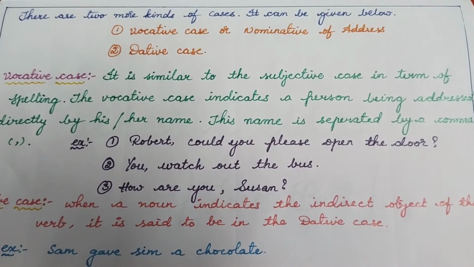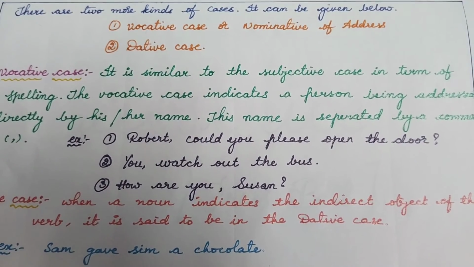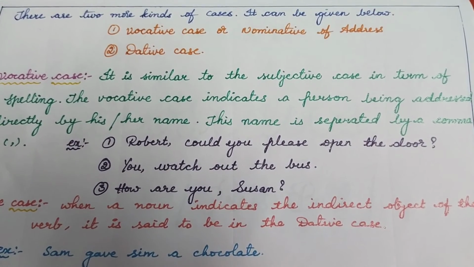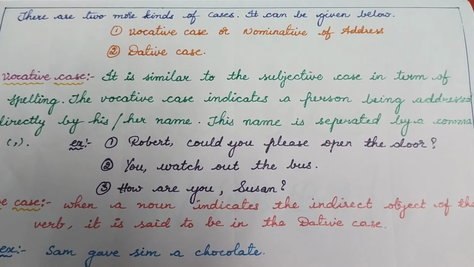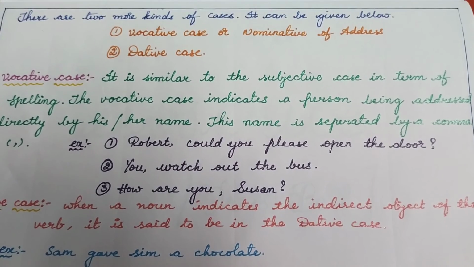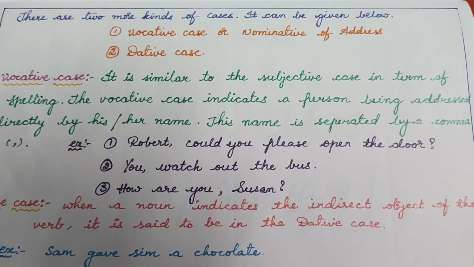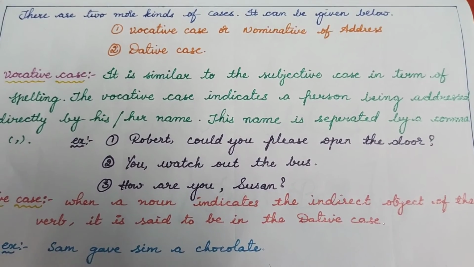For instance, Robert, could you please open the door? Here, Robert is being pointed to directly, so it is vocative case. You, watch out for the bus. How are you, Sushan? So these persons are directly being addressed.